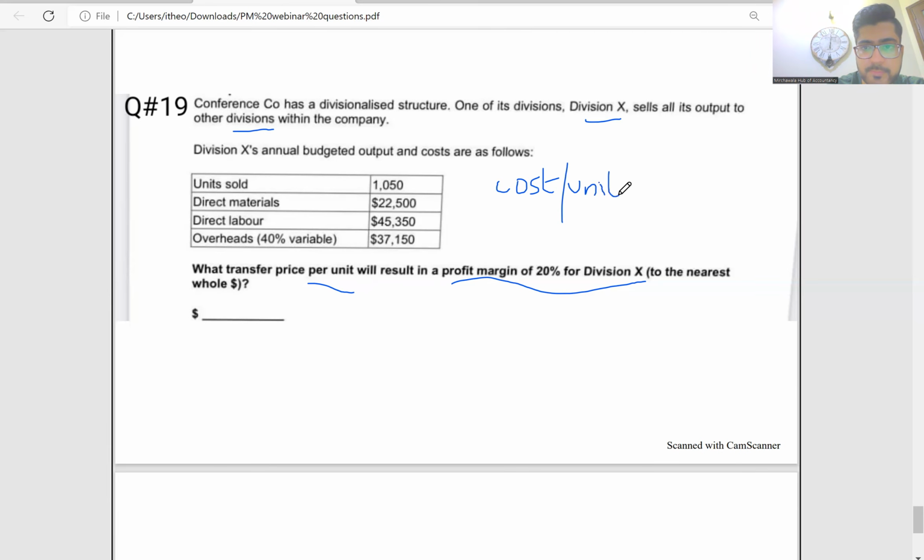So costs of division X are 22,500 material, labor 45350, and overheads 37150. If you add them, it's 105,000.